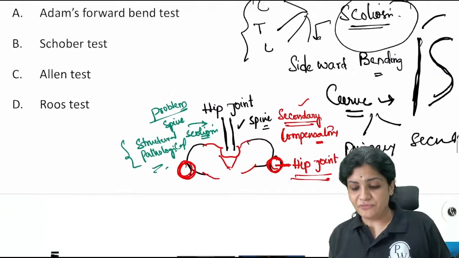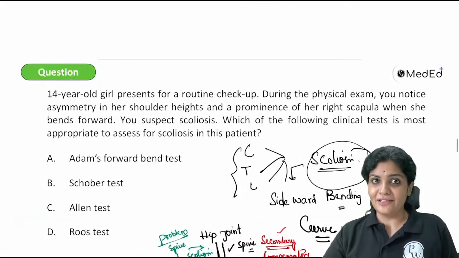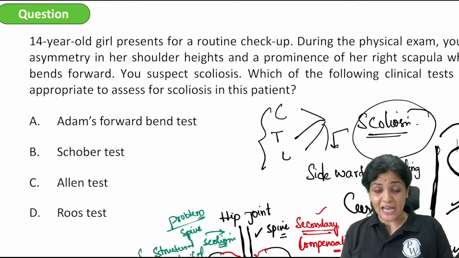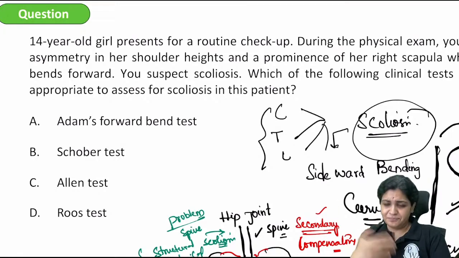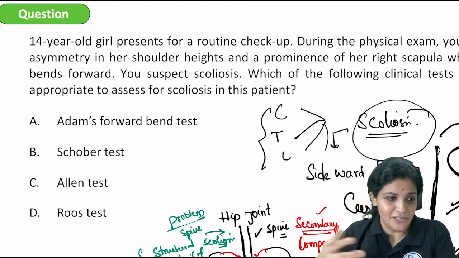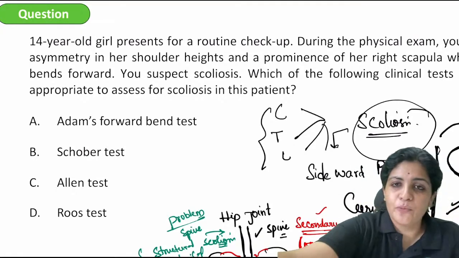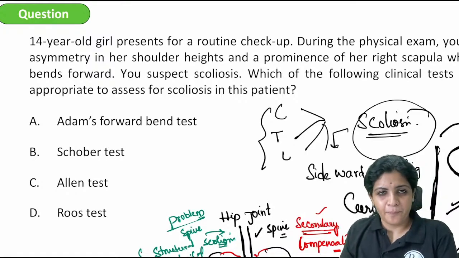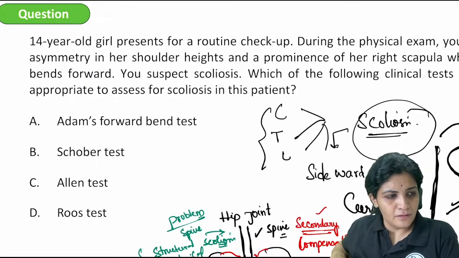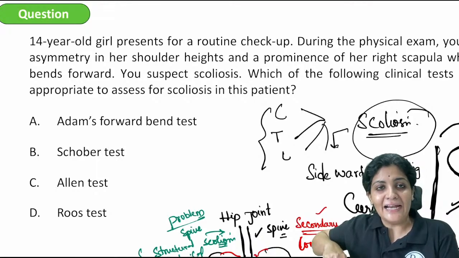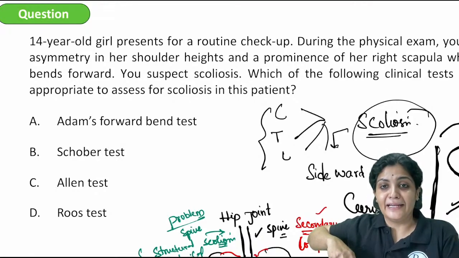Now you have to differentiate whether this is a structural scoliosis, where the scoliosis is because of a problem in the spine, or whether the problem is somewhere else, like the hip joints, as we have mentioned. So what is the test we do? Yes, very good. It is the Adam forward bending test.